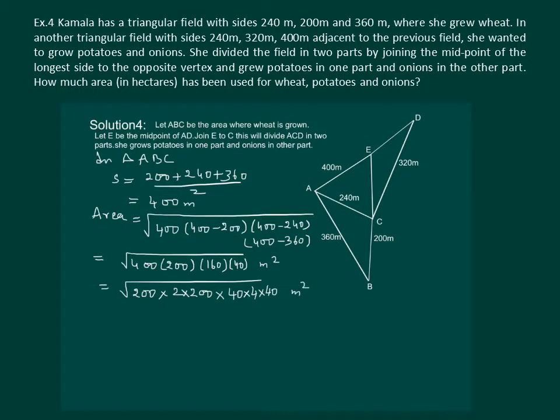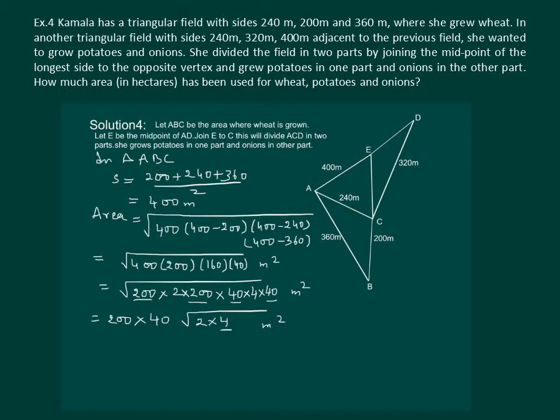Now we have groups of 40 and 200. So let us take it out of the root sign. And inside we are left with 2 into 4 meter square.